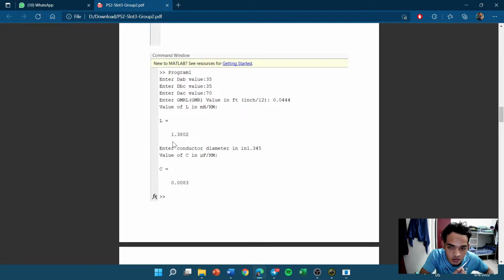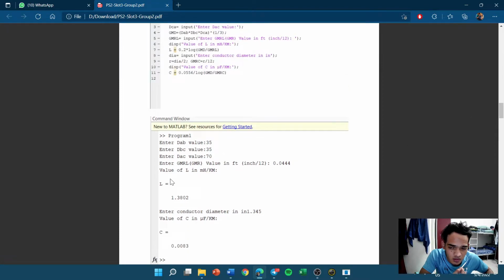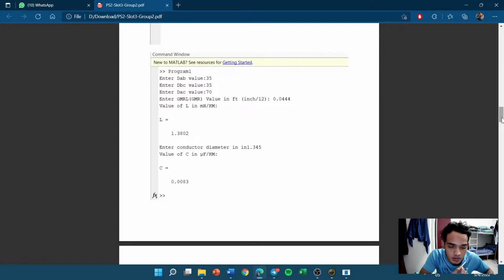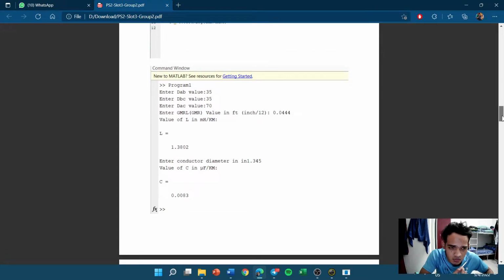The inductance in MATLAB is 1.3802, and the capacitance is 0.0083, which is the same as our manual calculation that we have done.